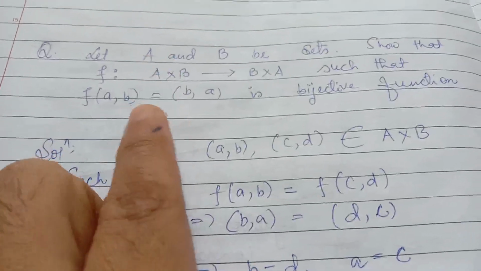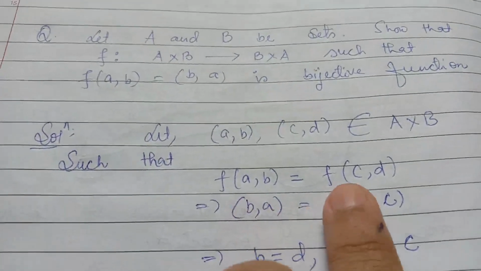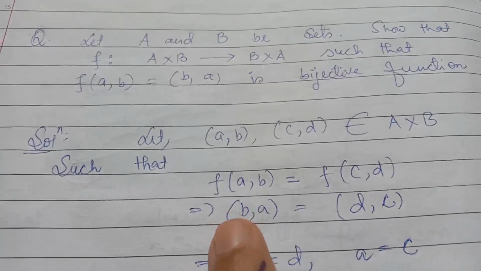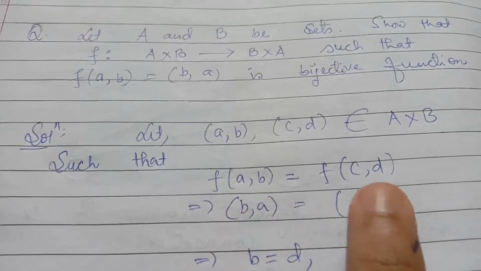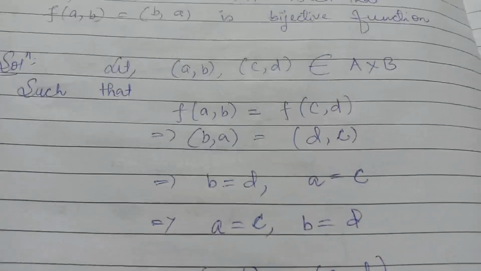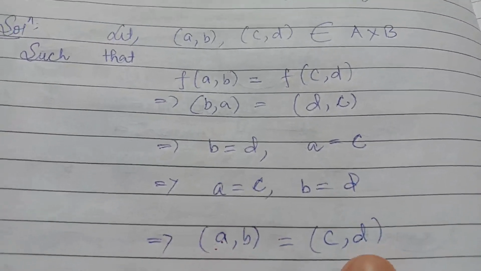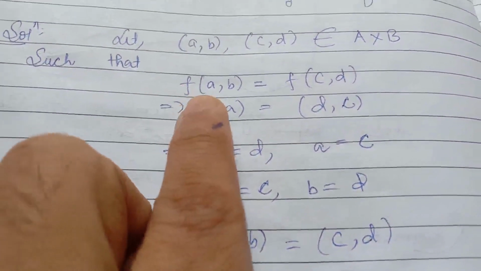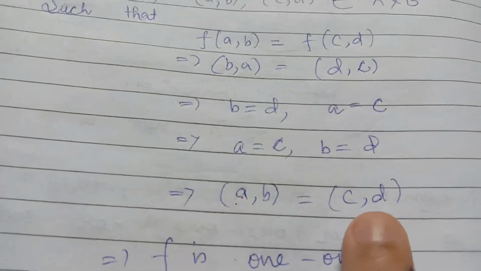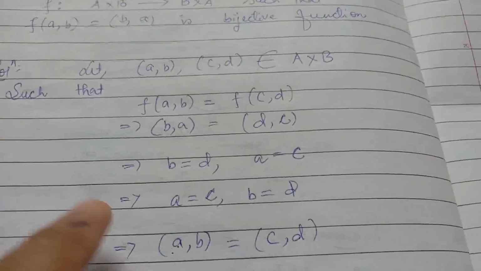By definition, f of (a, b) is equal to (b, a), and f of (c, d) is equal to (d, c), and these two ordered pairs are equal. So first element equal to first element, second element equal to second element, and from this we get a equal to c, b equal to d, so (a, b) equal to (c, d). So ultimately what we have proved, f of (a, b) equal to f of (c, d) implies (a, b) equal to (c, d). So the function f is one-one.